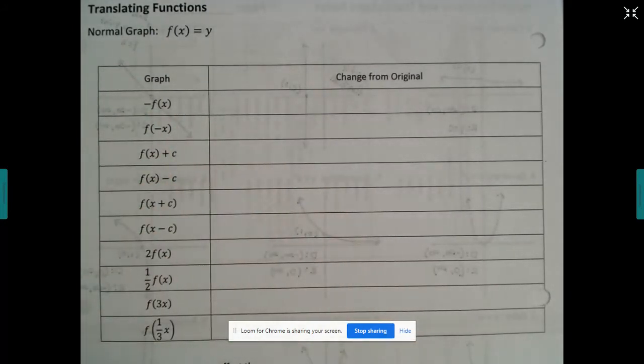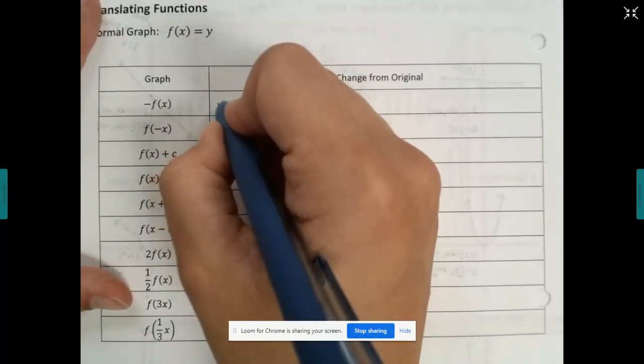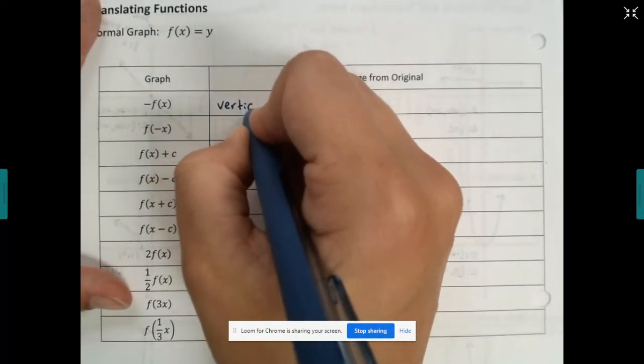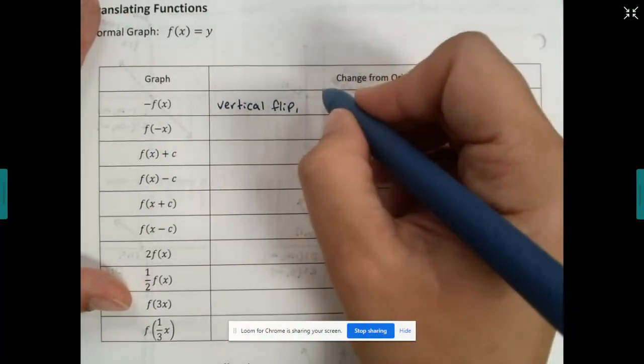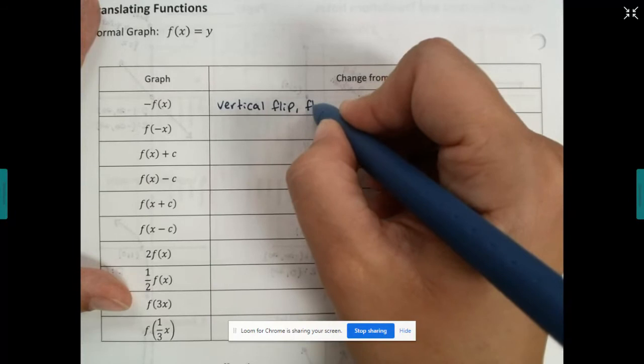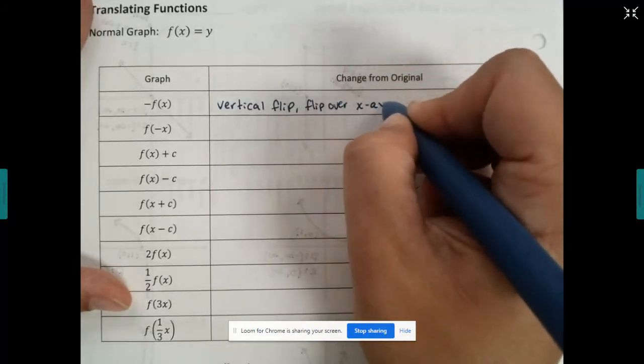Okay. So our first one is when you have a negative out front of whatever it is. And so when that is the case, it is a vertical flip, which is a flip over the x-axis.